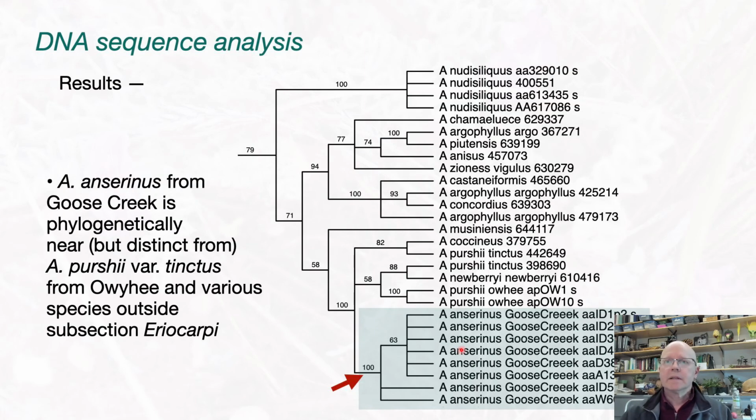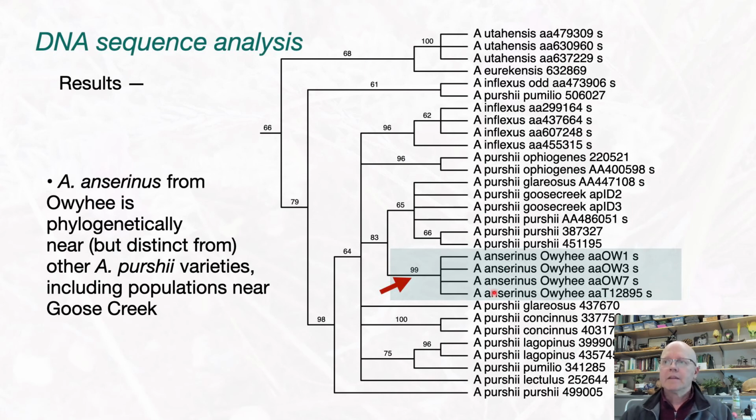So more specifically, Astragalus anserinus from the Goose Creek area, the type locality, actually shows relationships with Astragalus pershii variety tinctus, which occurs over in the Owyhee Desert of Nevada, and then other species from section Argophyllae. The anserinus from the Owyhee Desert actually is embedded in a clade that includes most of the other varieties of Astragalus pershii, which is interesting in terms of being potentially a misidentified Astragalus pershii.